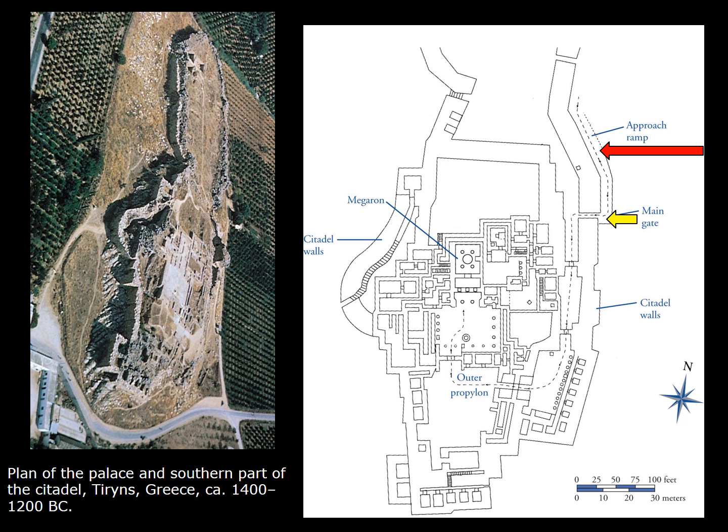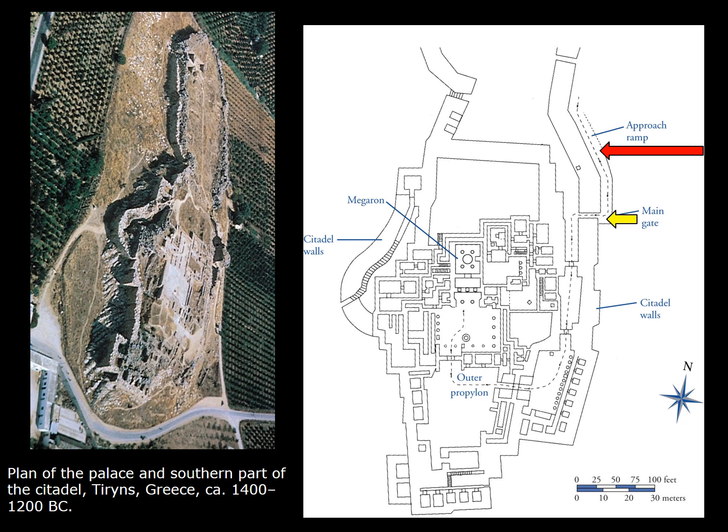And the attackers, if they really dared go beyond the main gate, would need to be funneled in one or two individuals at a time. And even trying to get to the Megaron, one of the most important places of the palace right there in the center, meant going through narrow passageways and trying to turn right, turn left. So it wasn't easy to find, right?